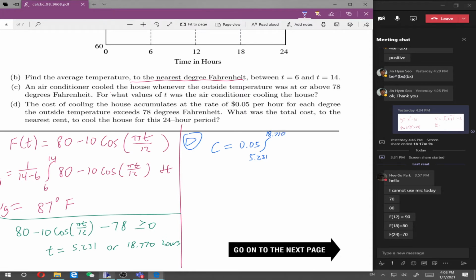Okay, and what are we integrating? The 80 minus 10 cosine pi t over 12 minus 78. Awesome.